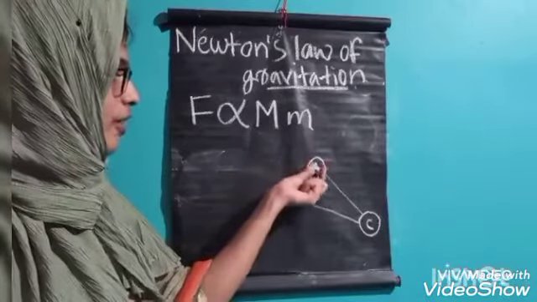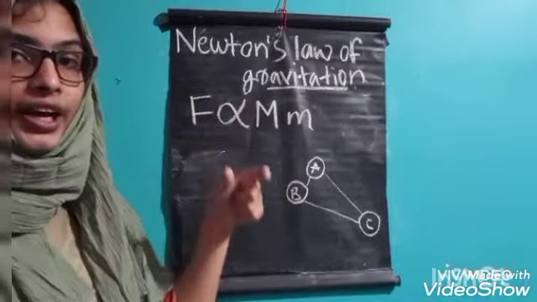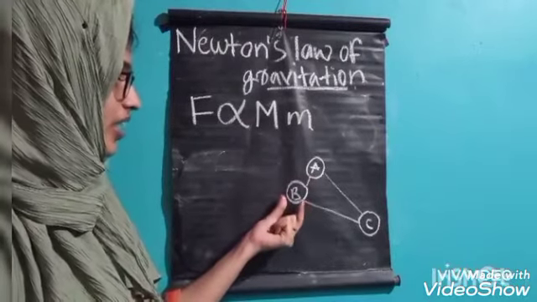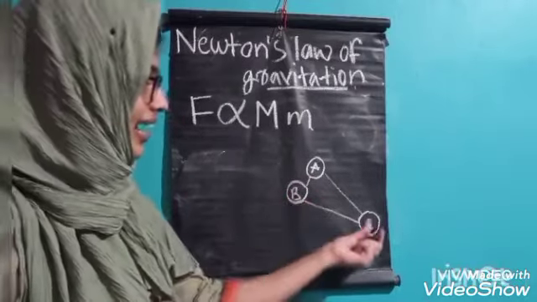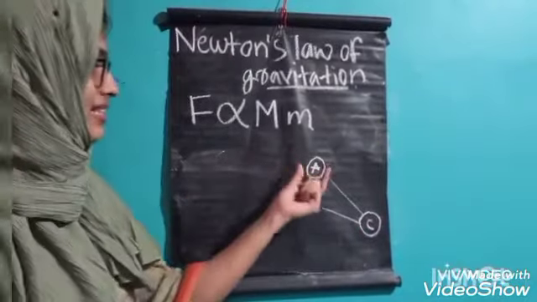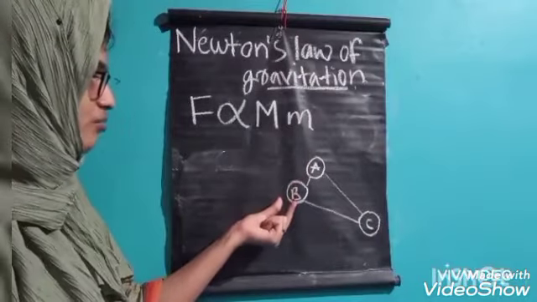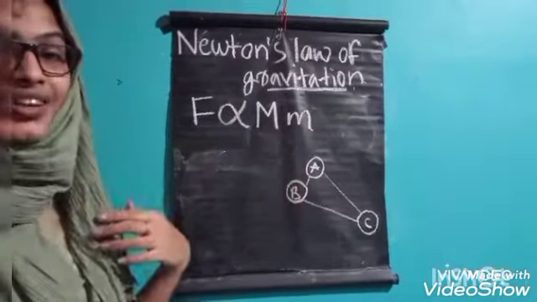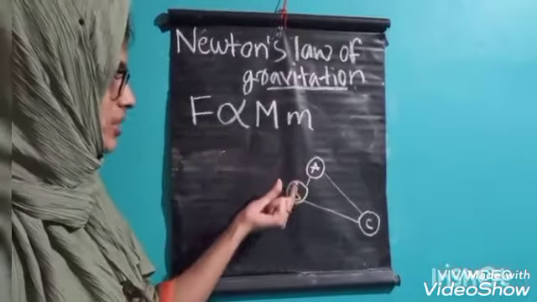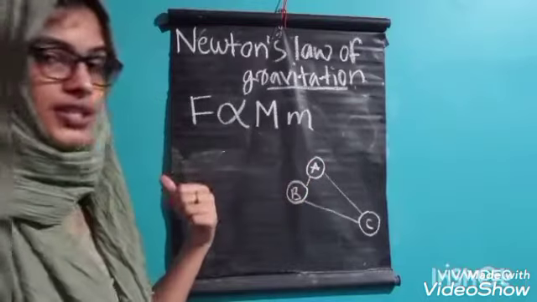the distance between A and B is smaller as compared to the distance between B and C and between A and C. The distance between B and C is greater and the distance between A and C is greater, but the distance between A and B is very less. So A and B have greater force of attraction.